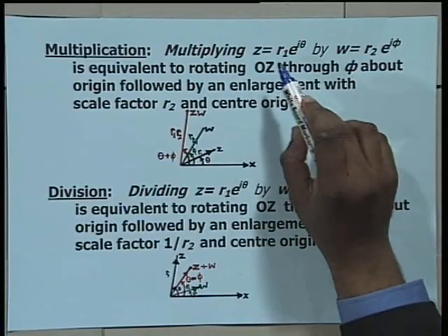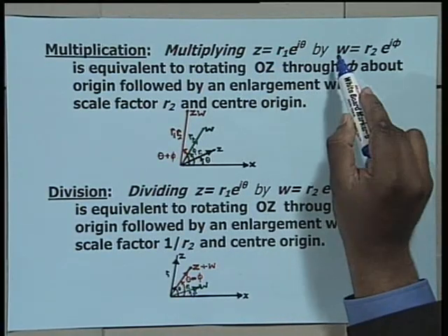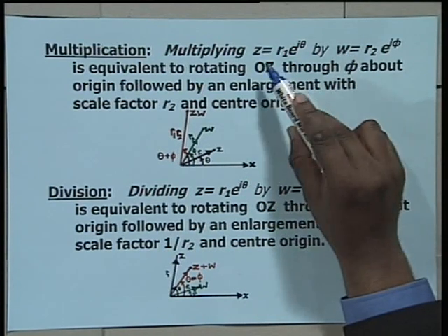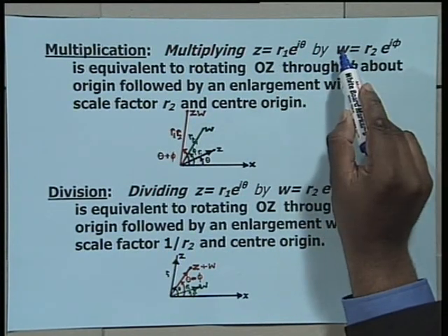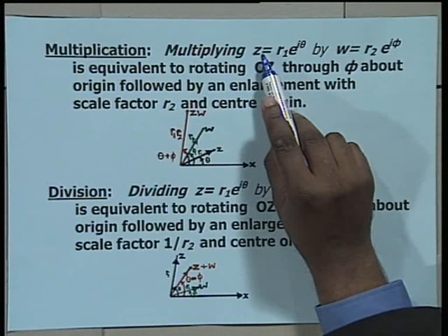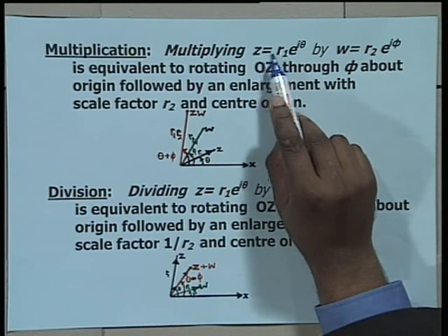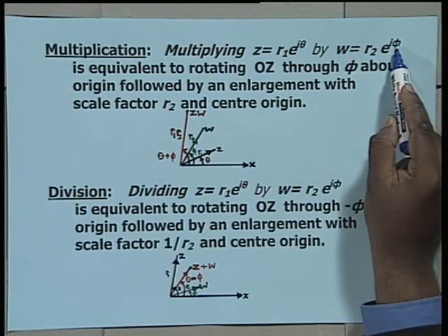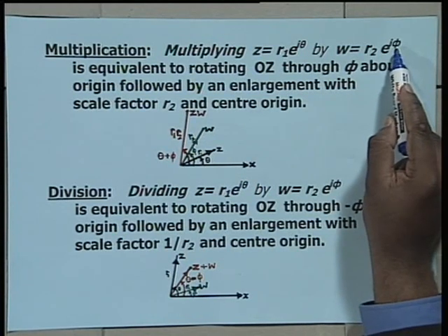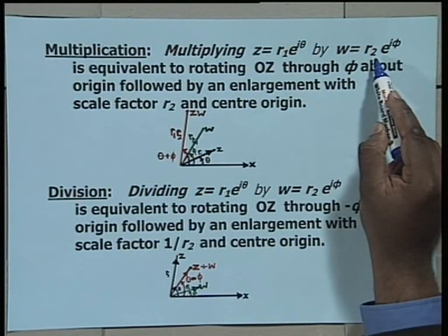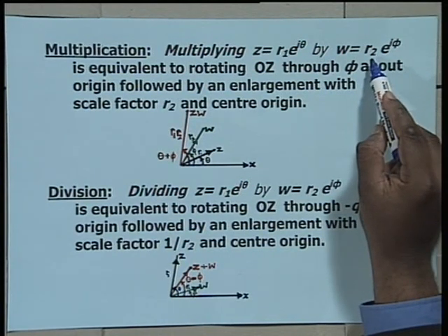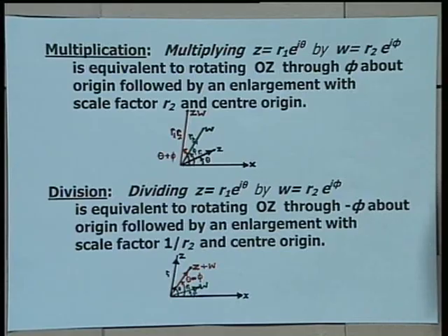Let's see. Multiplying Z by W is equivalent to rotating OZ through angle phi about center origin, followed by an enlargement with scale factor R2 and center origin.